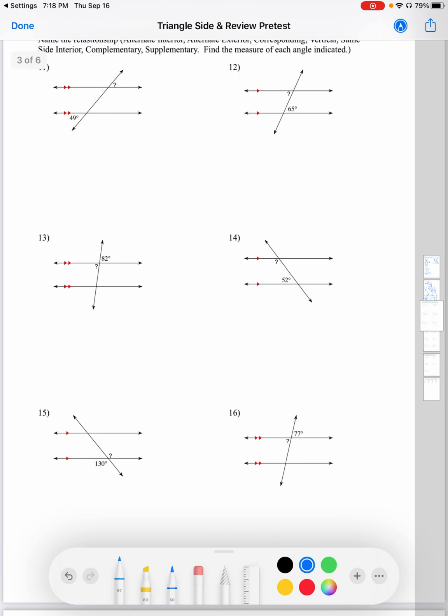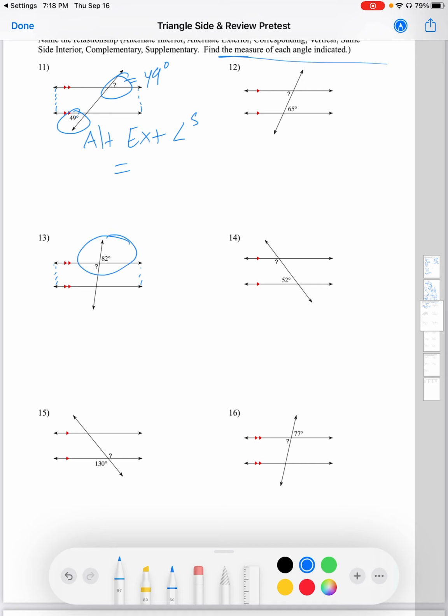Moving on. Usually I'm doing the odd ones. So draw my house. These are alternate exterior angles. Those are equal. So 49 will equal that angle. They want to know, find the measure of each angle. That's going to be 49 degrees. Here, I'm going to draw my house, but I've noticed this isn't like one of the house problems.